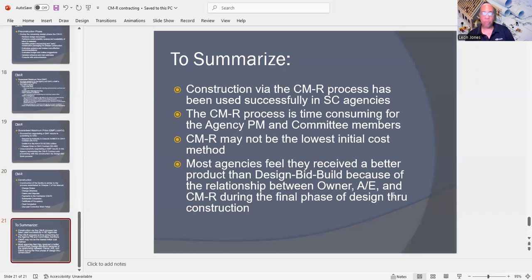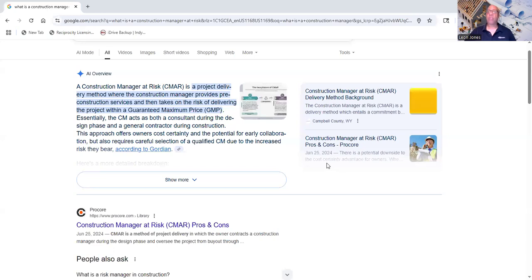Because of the relationship between the owner, architect, engineer, and CMAR from the final phase of design through construction.